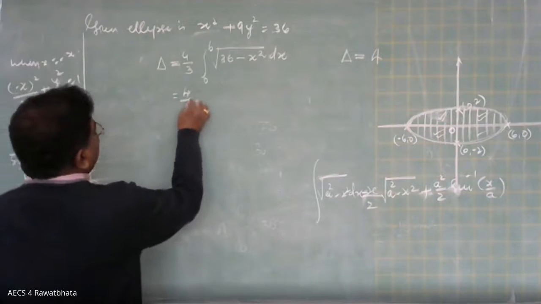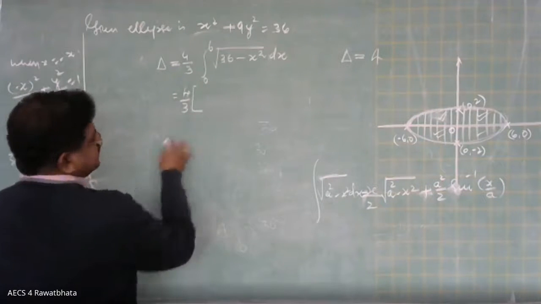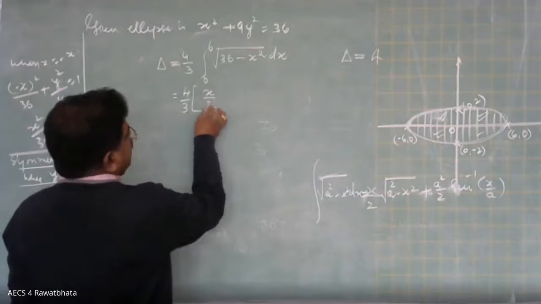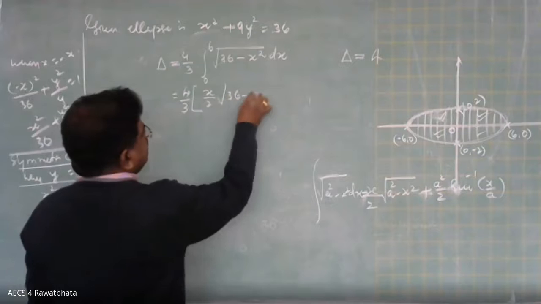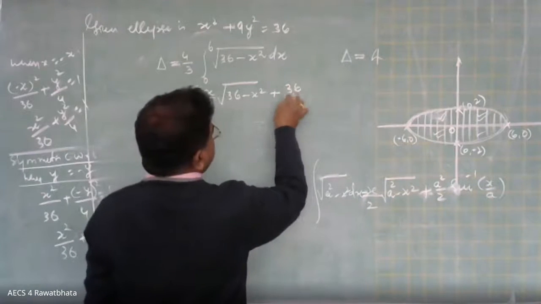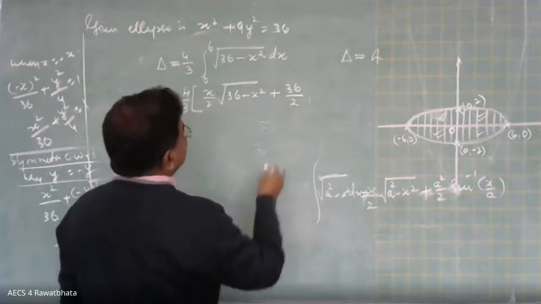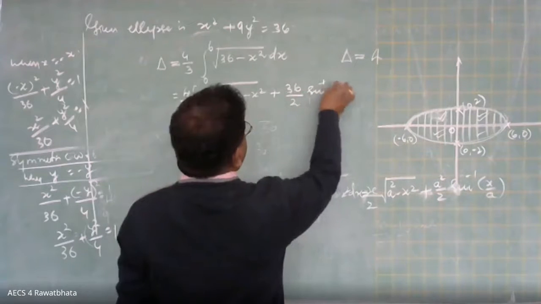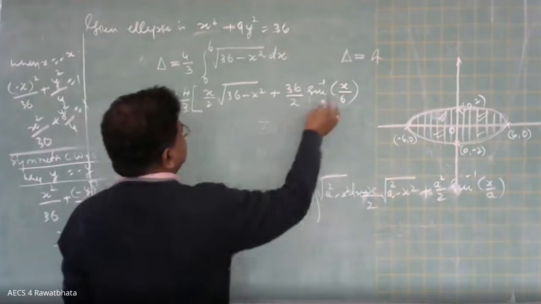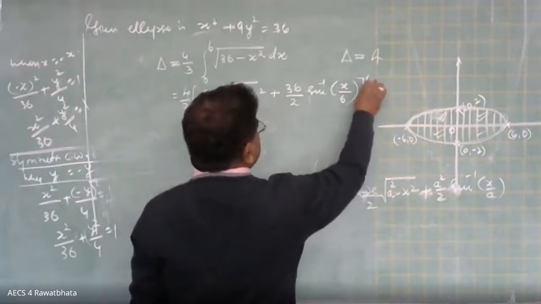So now 4 by 3 times, in brackets, x by 2 root of 36 minus x squared plus 36 by 2 sine inverse x upon 6, with limits 0 to 6.